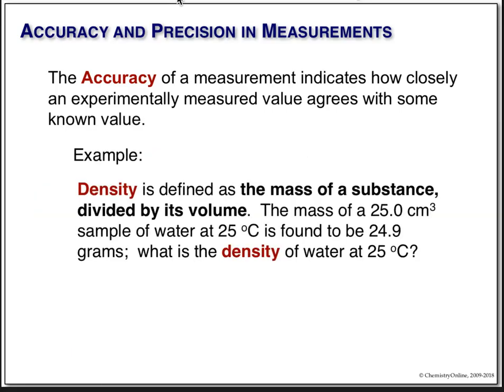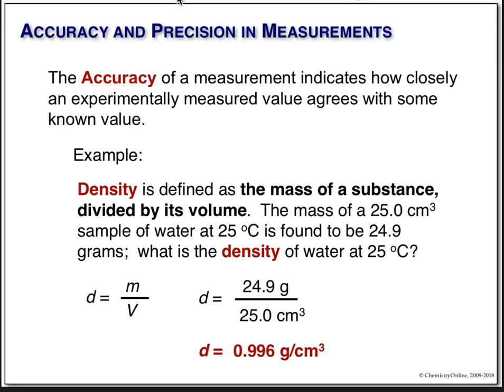Putting this in the form of a problem, if we had a volume of 25 cubic centimeters of water, and its mass was found to be 24.9, we could calculate the density simply as mass divided by volume. Mass over volume. Our mass is 24.9, our volume is 25.